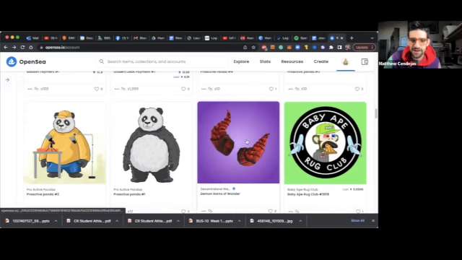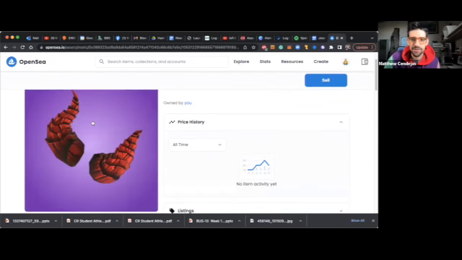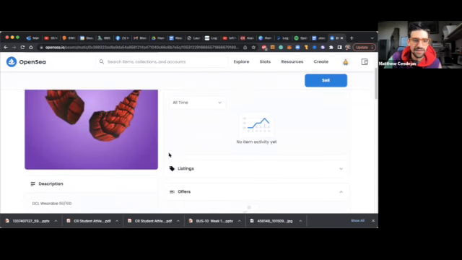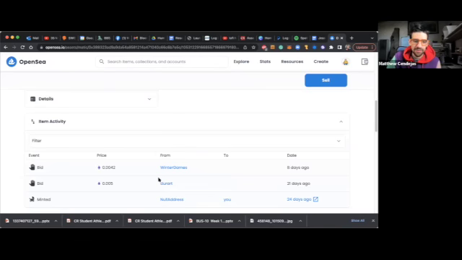These are all my little pandas. And then this is something I wear in one of my metaverse outfits. This is some horns I wear in Decentraland in my little avatar. It's super funny. How often do you get on Decentraland? I was getting on it every night for a while, and I've taken like a week break now.